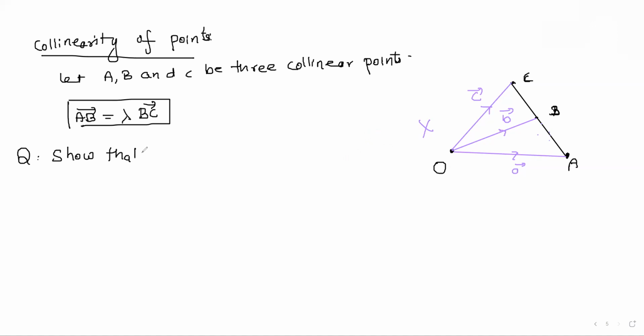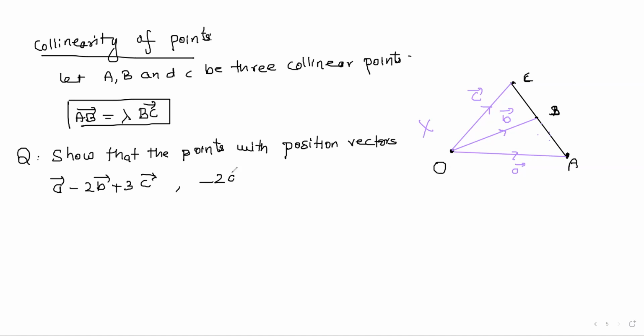Question is, show that the points with position vectors a minus 2b plus 3c, minus 2a plus 3b minus c, and 4a minus 7b plus 7c are collinear.